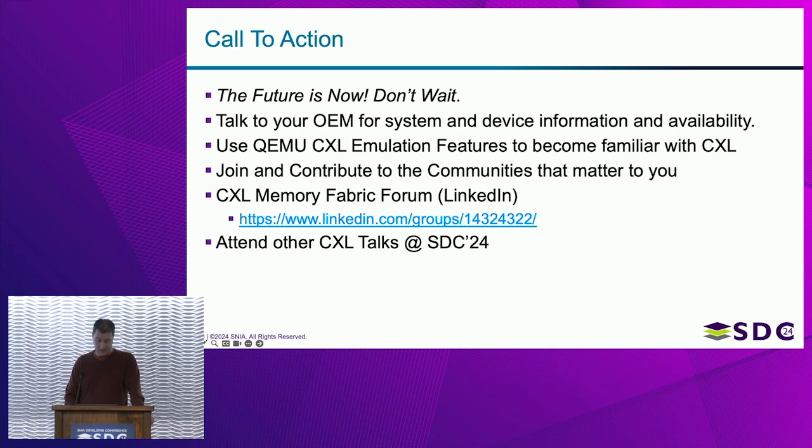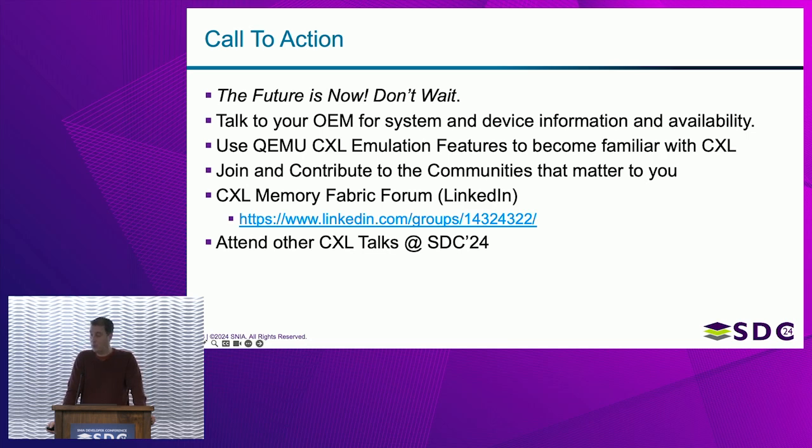So, last slide here: don't wait. This stuff's pretty real. Talk to your OEMs, talk to your server guys, figure out what capacities work for you, what devices are available and have been validated. Look at your applications. If you're in AI/ML or not, that's okay, it still works.